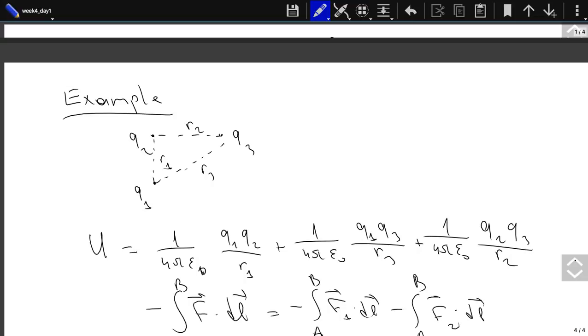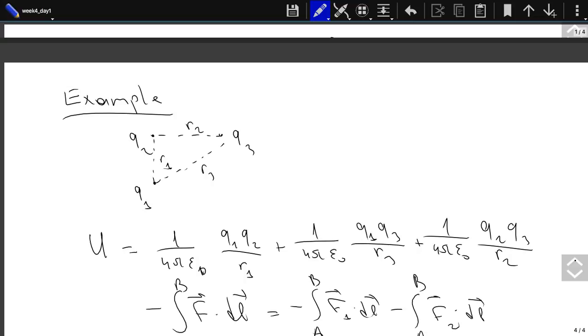Q1 and Q3 may be an electron or a proton. In this case, it is really infinity, very, very far away. In real life, if you take, let's say, R1 to be 1 kilometer, that is far away enough. That's almost zero, infinity.